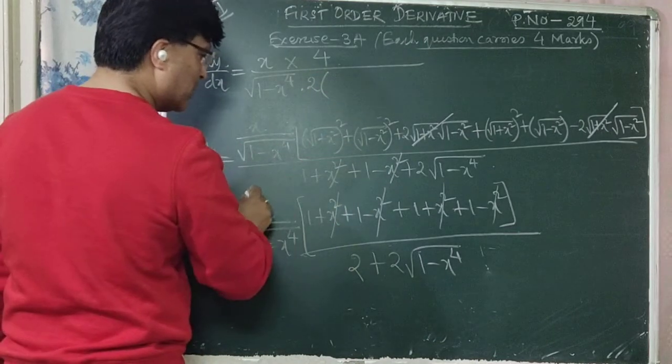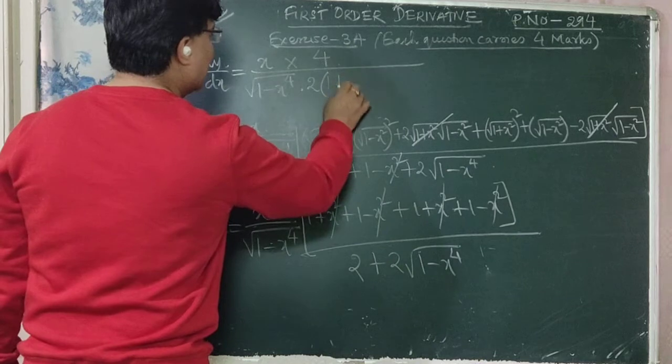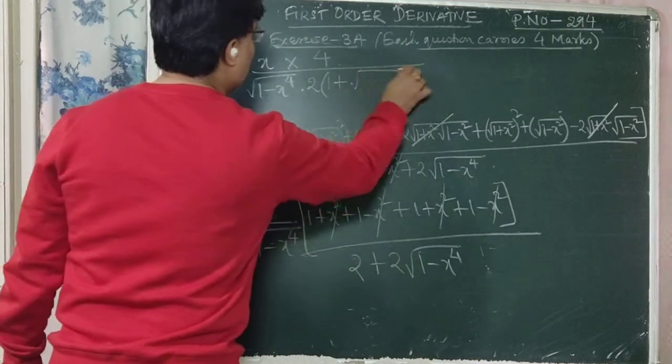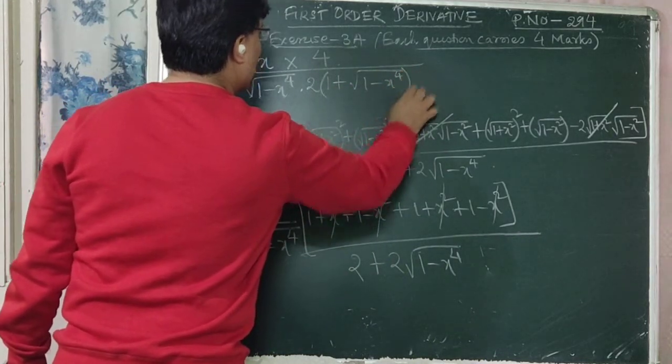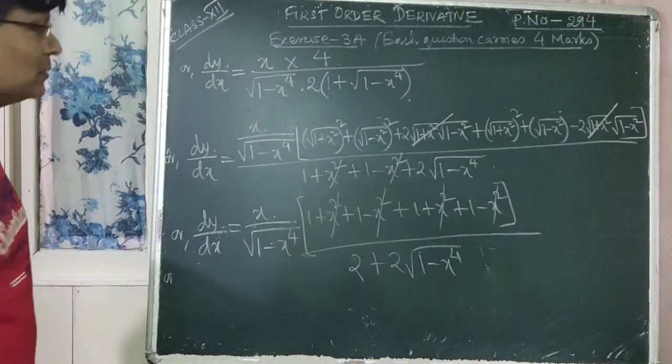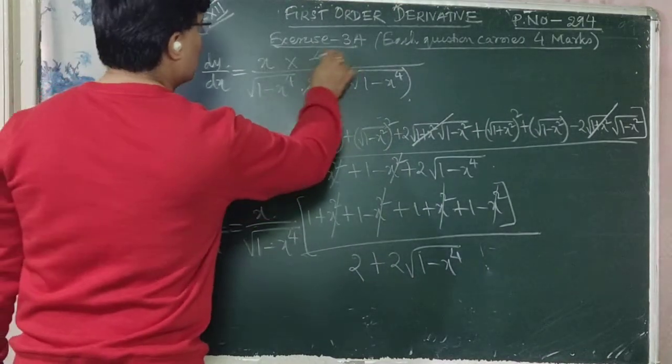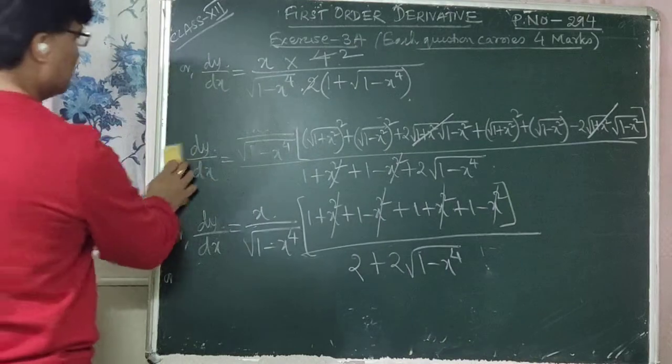Within the bracket, what do we get? It is 1 plus root over 1 minus x to the power 4. Is that clear? So we can cancel, 2 1s are 2, 2 2s are 4, right?